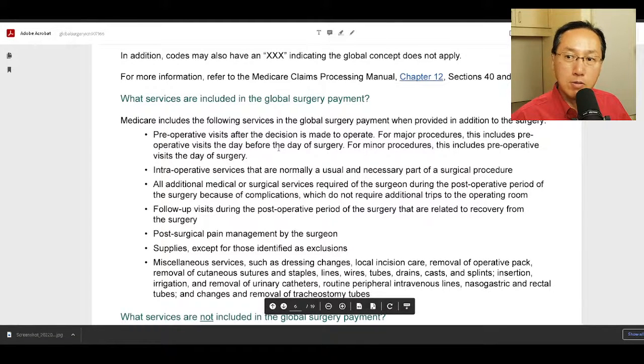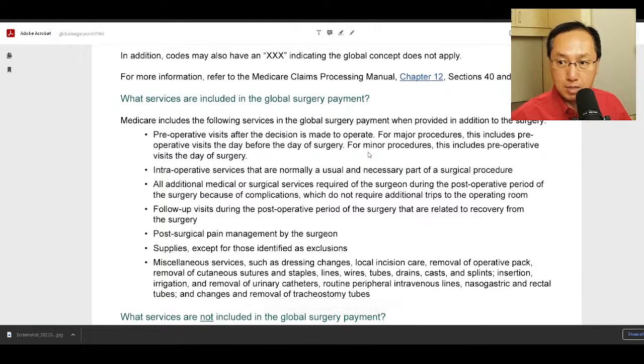Medicare includes the following services in the global surgery payment when provided in addition to the surgery. Preoperative visits after the decision is made to operate. For major surgeries, this includes preoperative visits the day before the day of the surgery. For minor procedures, which would include 0, 10, and these procedures that we're talking about for cystoscopies, this includes preoperative visits the day of the surgery.